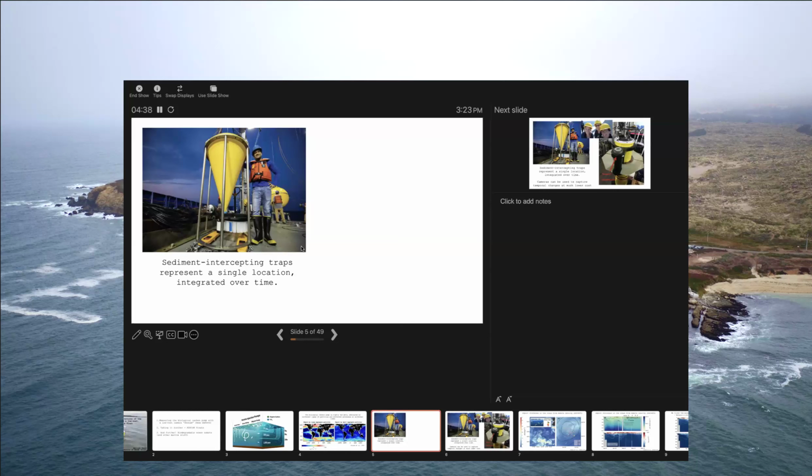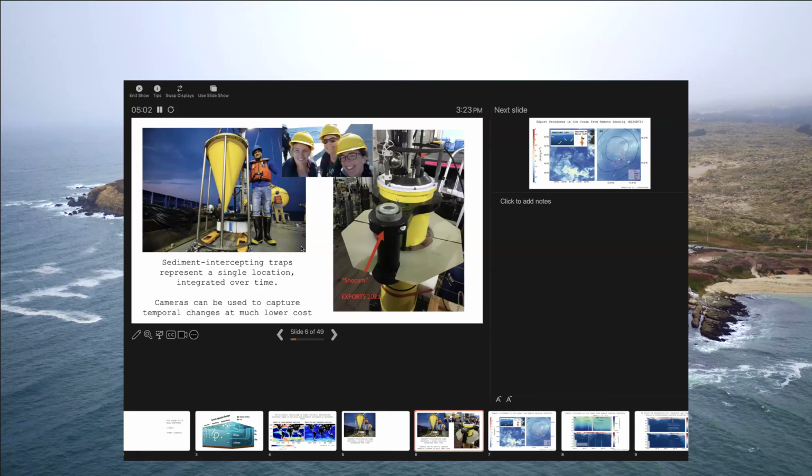It collects sinking material over a period of time, and then that carbon is collected and analyzed for its total mass and some other elemental compositions, but it really represents a single location that's integrated over time. And putting these kinds of traps out is extremely expensive and laborious.